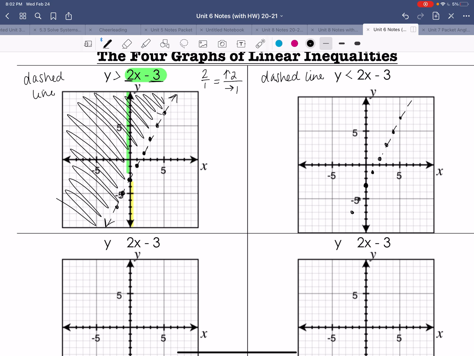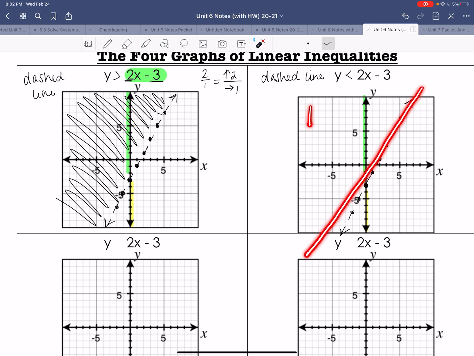Okay, once we get that line down, then we can decide where we're going to shade. So again, I've split my number line into two pieces. I have this bottom portion and then this top portion here. So now I'm wanting to shade where y is less than that y-intercept. So I want to shade the values of y that are smaller than negative 3, so that would be in this direction. So I'm shading beneath the line, okay? When I graph this line, it splits my grid into two pieces.